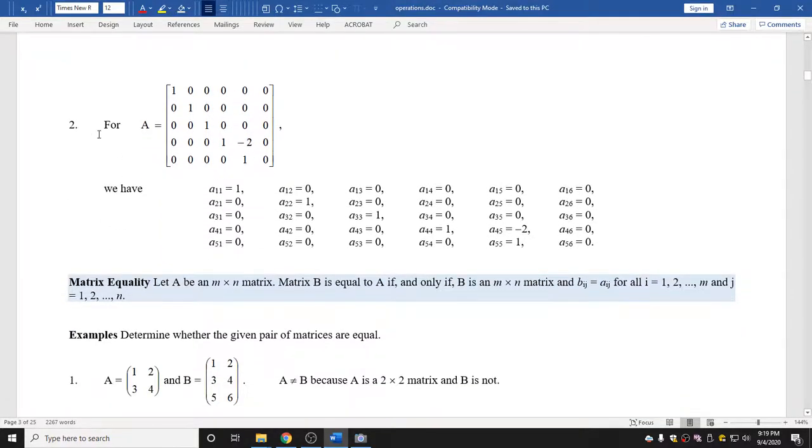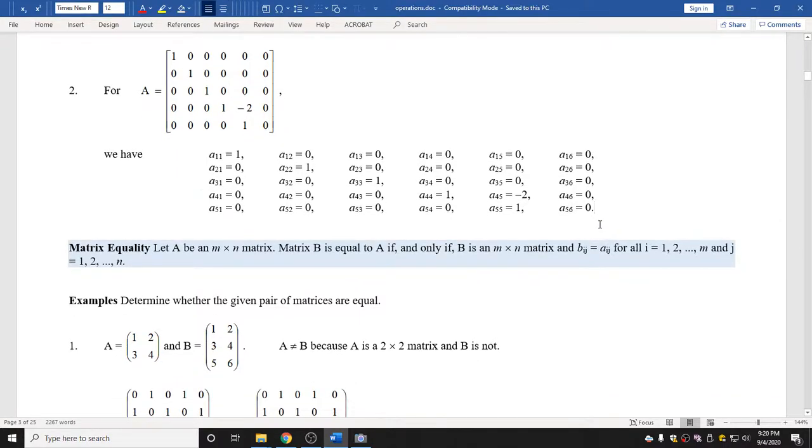Okay, in this example, number 2, we are giving a matrix, and then we are identifying its entries. So a11 is 1, a21 is 0, a31 is 0, a41 is 0, a51 is 0. a12 is 0, a22 is 1, a32 is 0, a42 is 0, a52 is 0, etc.